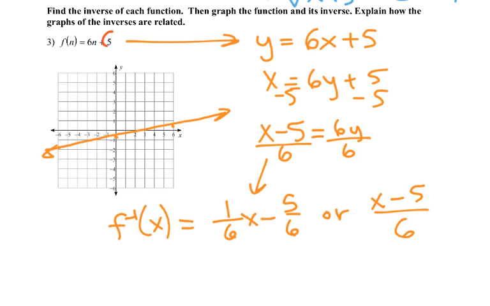And then we graph this one, +5 for y-intercept, 6 over 1, so we'd go up 6, or down 6 to the left one, or up 6 to the right one. But down is a lot easier. Okay, and they should roughly be folded over that line y equals x. I was a little off on mine, so that would explain that.